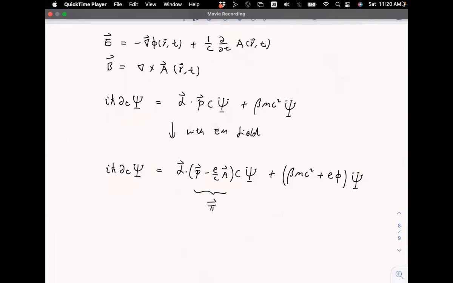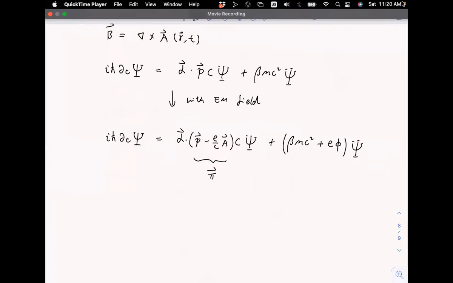Okay, pi vector. So we want to take the non-relativistic limit. So we are going to represent this by this.